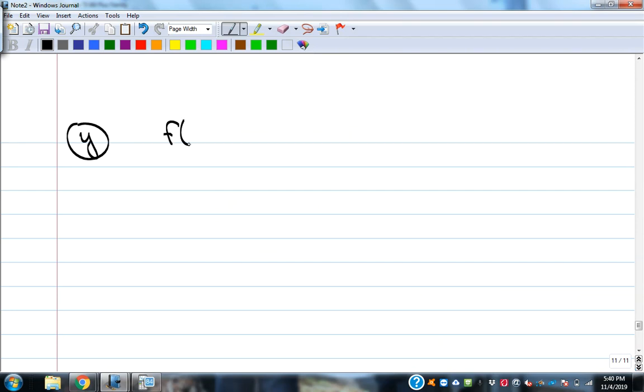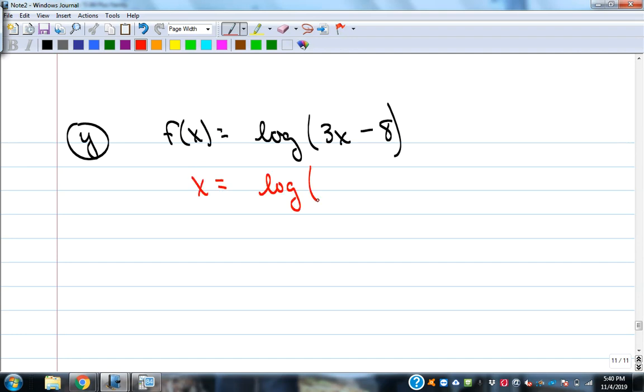So let's say we had f of x is equal to log of 3x minus 8. And we want to find the inverse of that. So I'm just going to go ahead and skip the step and write it as x equals log of 3y minus 8.